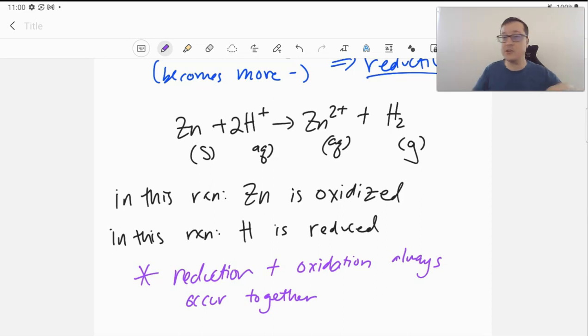You could have 3 reductions and 3 oxidations happening at once. That's fine, as long as you have at least one of each. You can't have reduction without oxidation. You can't just lose electrons into nowhere. Something has to take those electrons. So we have to have both processes happening at once.